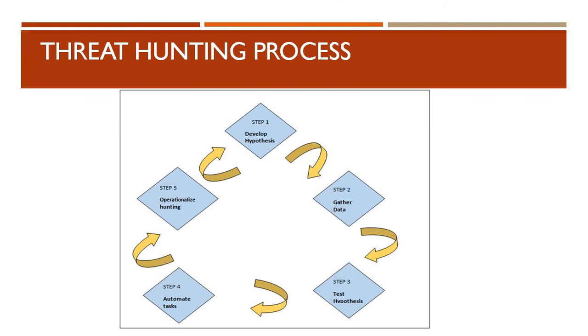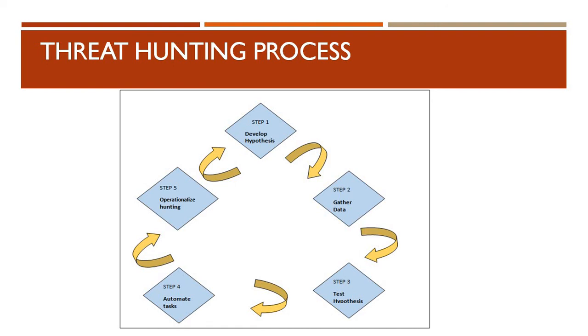So that's the process for you, a proper process where the first step involves development of hypothesis. Your second step would be to gather data, or if you have your SIEM platform, you can refer to those platforms, basically what are the log sources integrated in your platform. A third step would be to test the hypothesis which has been developed in the first step.